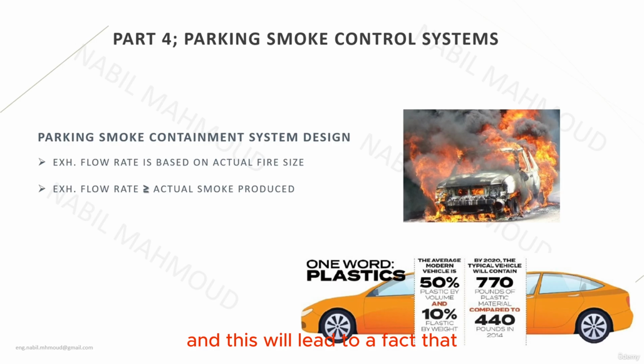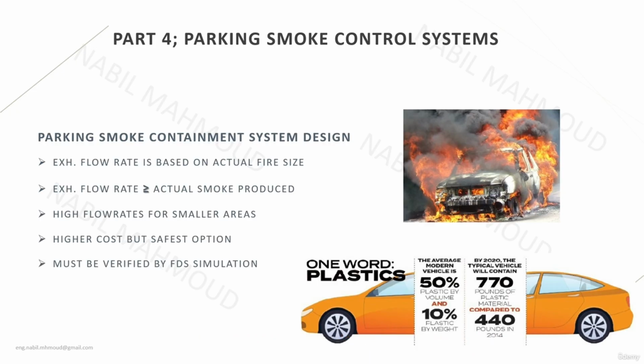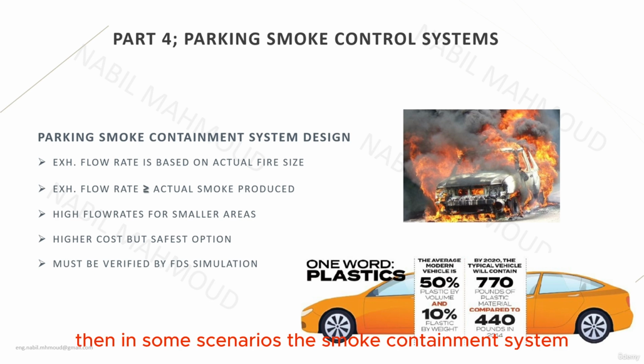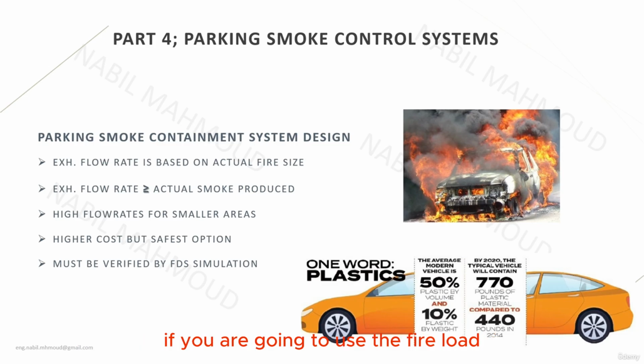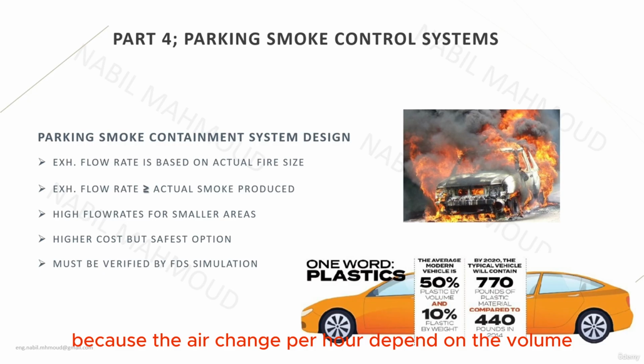And this will lead to a fact that even if the parking is small, if you are trying to use a smoke containment system, you will have to apply relatively high exhaust flow rates. However, if the parking area is relatively large, then in some scenarios the smoke containment system, if you are going to use the fire load, may result in a flow rate that is less than if you are going to use the air change per hour method, because the air change per hour depends mainly on the volume.